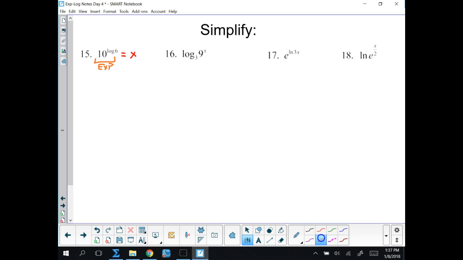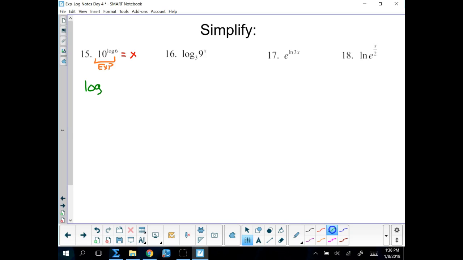So that means I have to switch it to logarithmic form. So log, what's my base going to be? My base is 10, right? So I don't have to write anything. If I wrote base 10, that's fine.